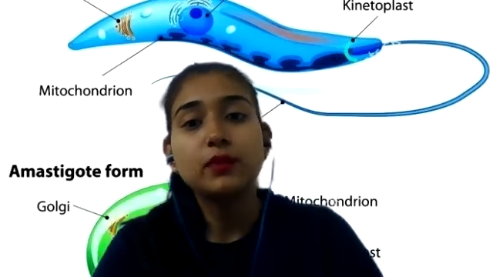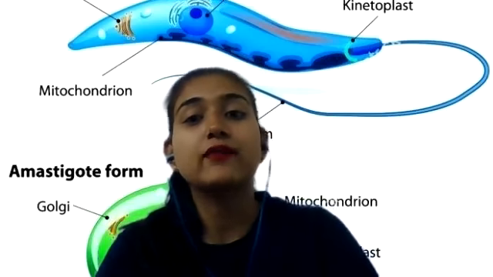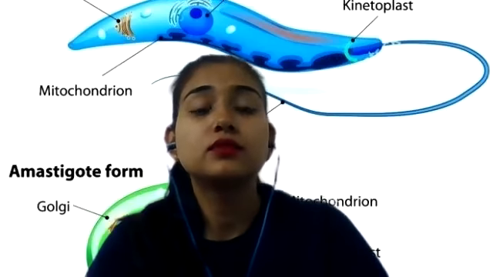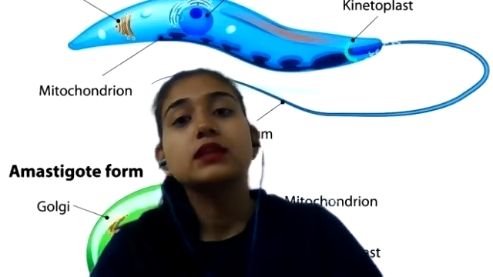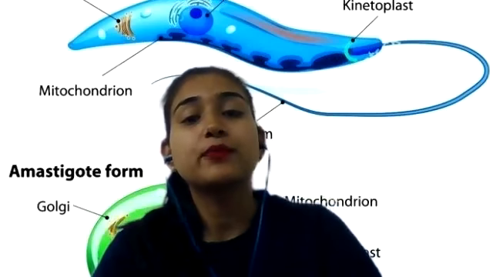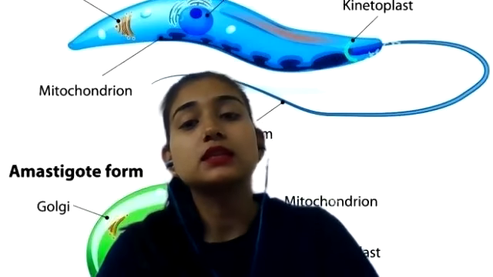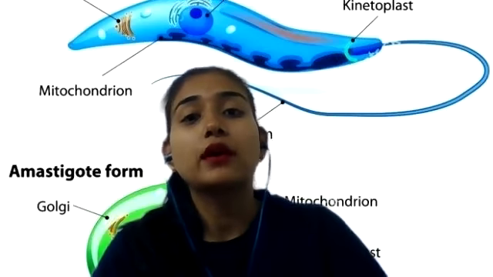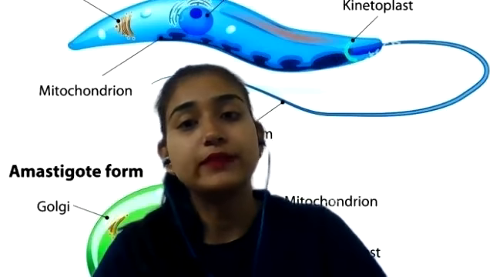Eleptroblast and kinetoblast. This type does not have a free flagellum. And leptomonad form. This type is additionally referred to as the promastigote form. Its size ranges from 15 to 20 microns long and 1 to 2 microns in width.